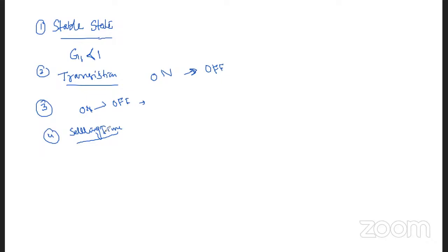One more term is the delay time. The collector current in a transistor does not immediately respond to the transition. Instead, it takes some time to rise to its saturation value. This is known as the delay time of the circuit.